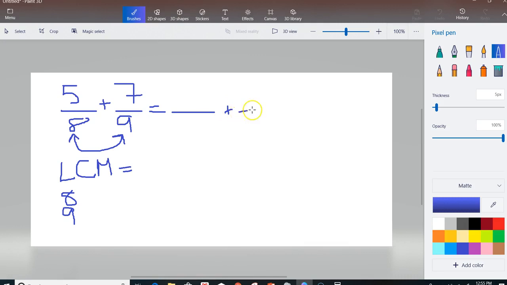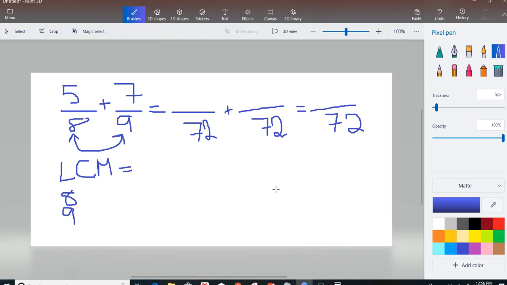I like to put my fractions like this, so I know what's going to come out at the end. You can actually put 72 already because you know that no matter what fraction you get at the end, before simplification, you're going to get 72 as the denominator.